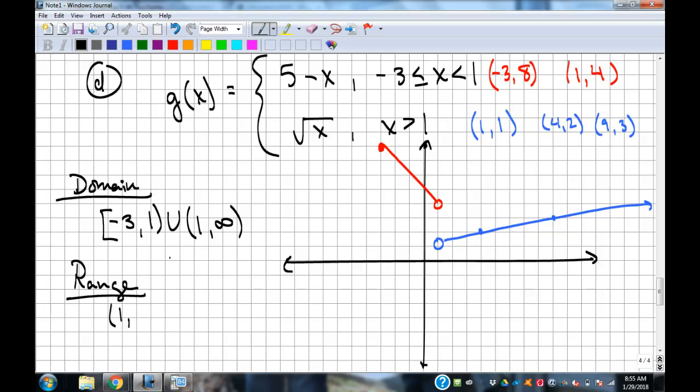It takes it a while, but it does continue to rise on up toward infinity. So it's 1 to infinity. And even though the red one stops here at 8, the blue one at some point, when x is 64, it's going to reach 8. Or when x is 81, it's going to be above 8 because it's 9. We can find the exact point there, but not really a need.